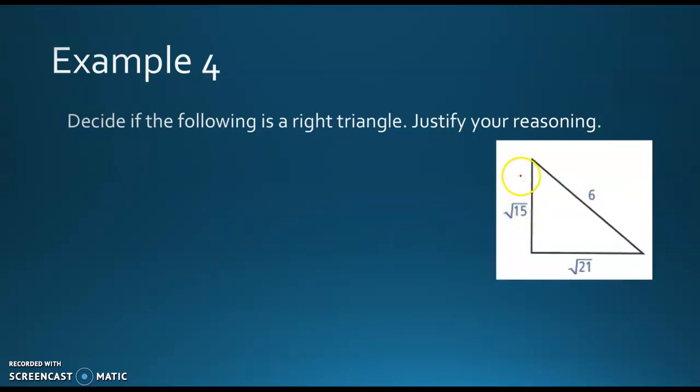All right, so I threw this one in here because if you notice, we have square roots going on. That was the whole reason I threw this in here. Now I know the square root of 15 is close to the square root of 16, which is 4. So this is less than 4, and this is less than 5 because the square root of 25 is 5.